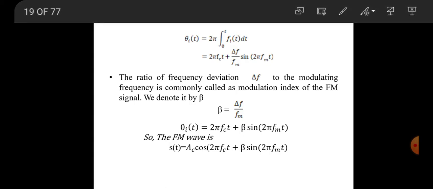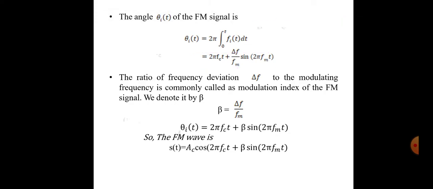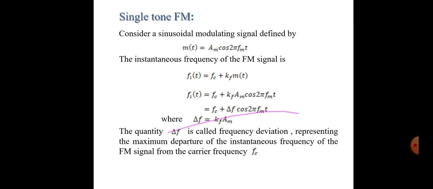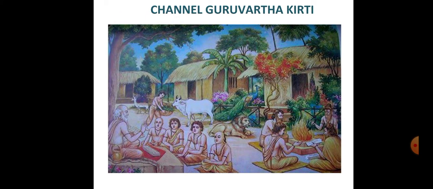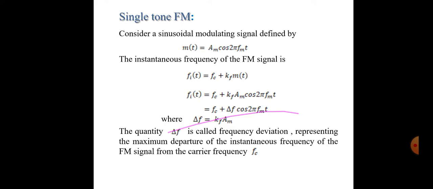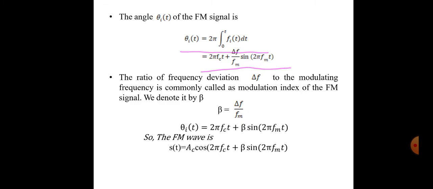The angle theta i of t is equal to 2 pi integral from 0 to t of fi of t, where fi of t we have already calculated as fc plus del f cos 2 pi fm t. Here kf Am is nothing but del f.